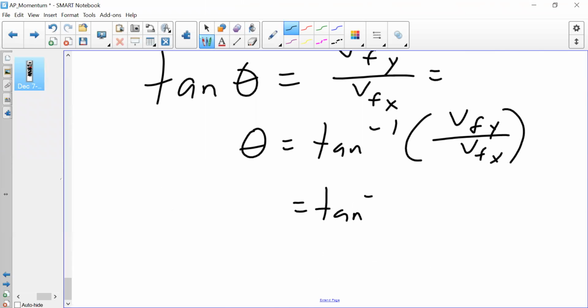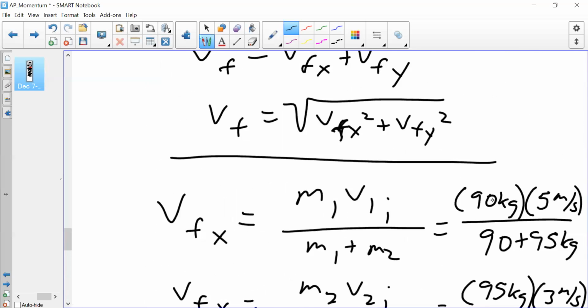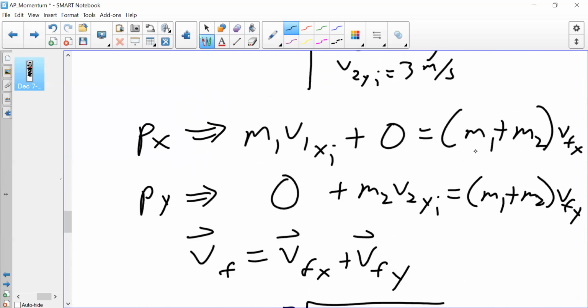Okay. VFY was 1.54, and VFX is 2.43. So go ahead and solve that, but I'll come back. I just wanted to make a note so that you don't think this was an arbitrary right triangle. This object is going east and north, so when you add them geometrically, tip to tail, this is going to be at an angle like this.